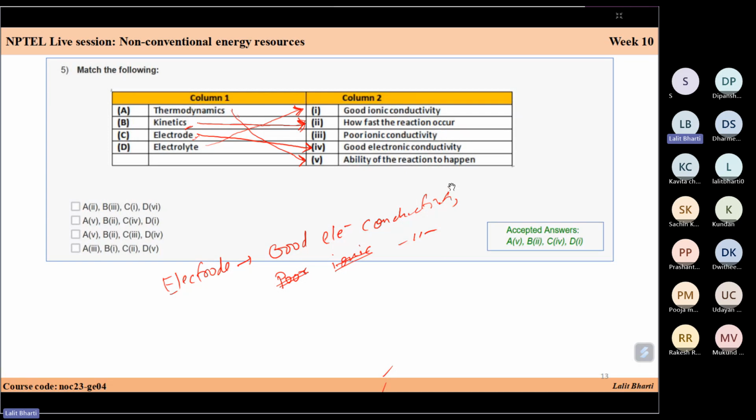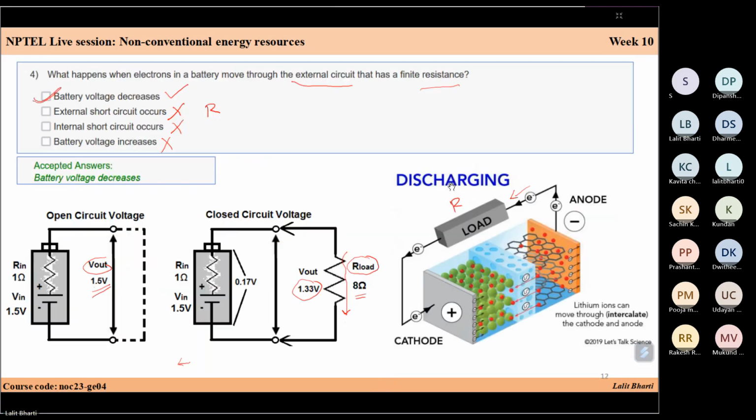If they are allowed thermodynamically to undergo the reaction, then only they will react, and only then the product will be produced. Otherwise, they will not produce the product. Thermodynamics itself is a very broad domain, a very large subject. You can check your thermodynamics and it will show whether your reaction will occur or not.